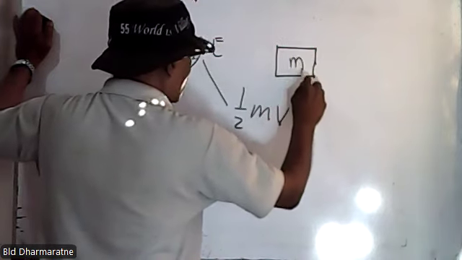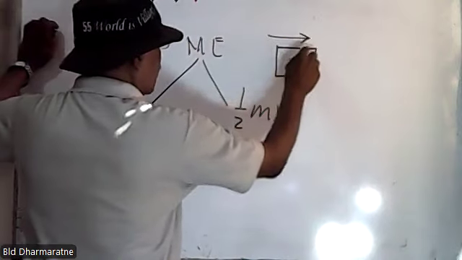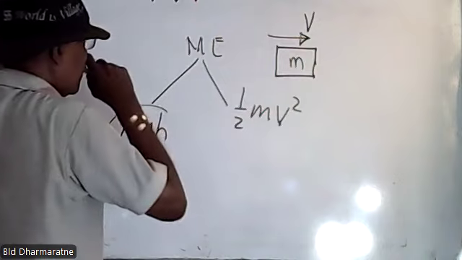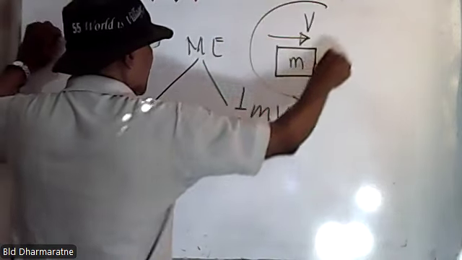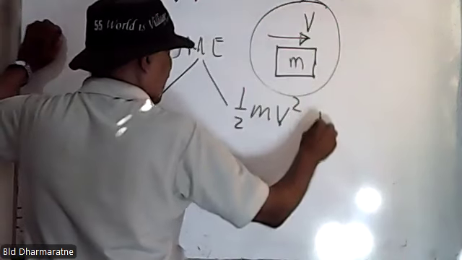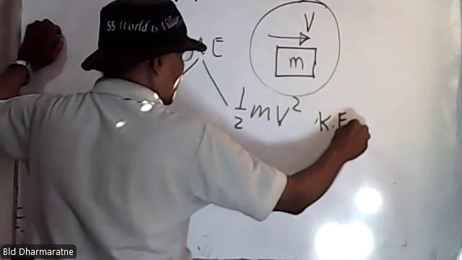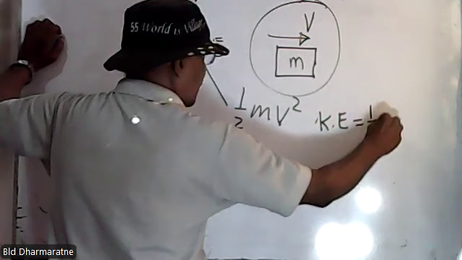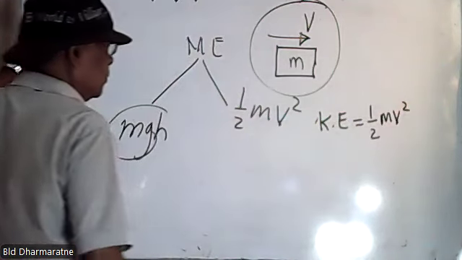A mass m travels with velocity v. Moving with velocity v, it gives kinetic energy. Kinetic energy in translational motion equals half mv squared.